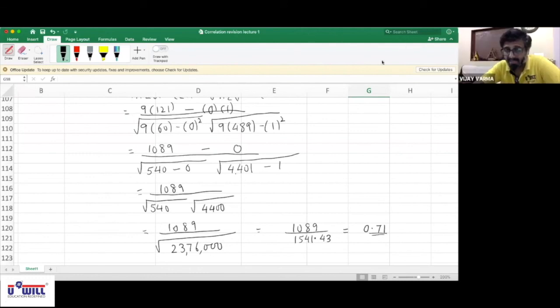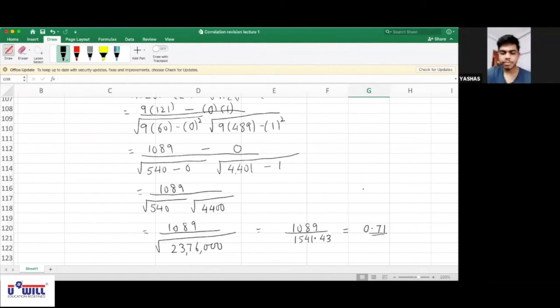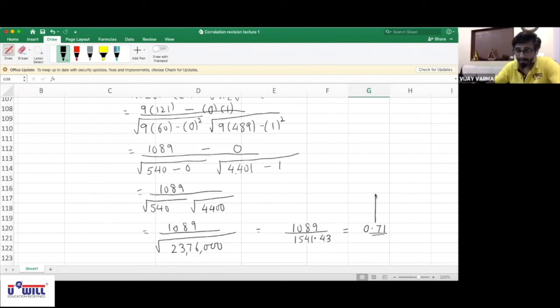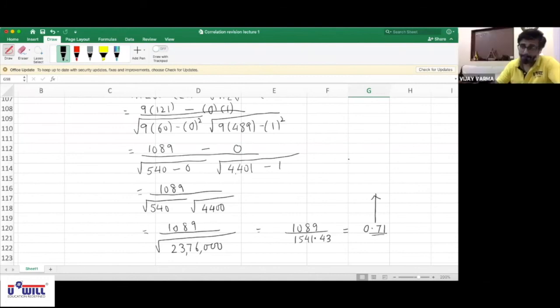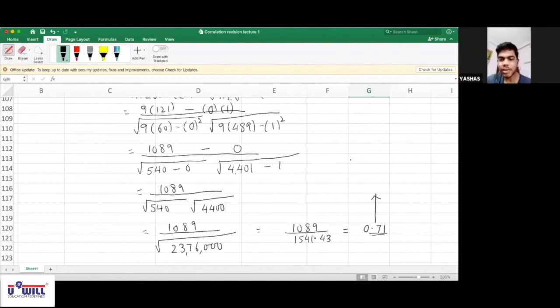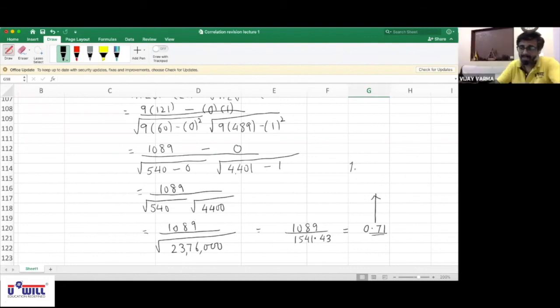Yashas, unmute yourself. Now 0.71, what will you interpret? Tell me, is it positive or negative correlation? Positive, sir. And is it high degree or low degree? Sir, low. Is it near to 0 or 1? Sir, 1. So it is high degree. If it is near to 1, then it is high degree; if it is near to 0, then it is low degree.